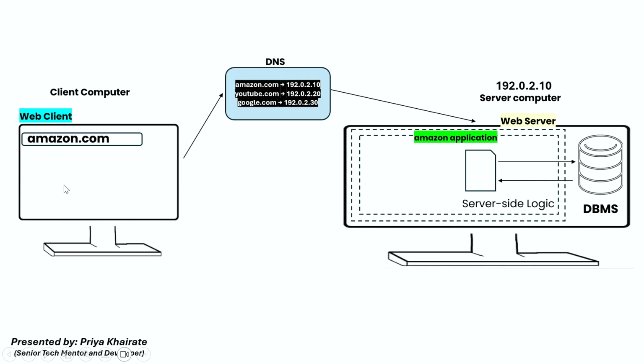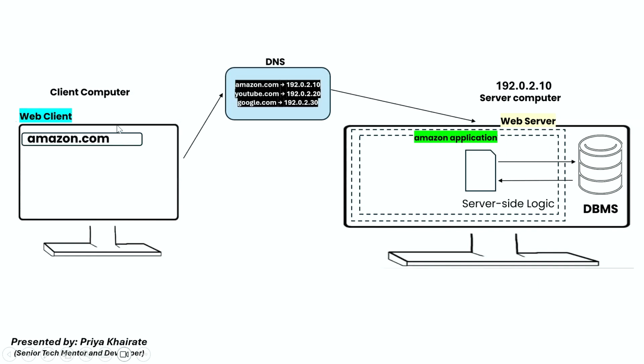Required in the sense, when we search for Amazon.com, on the homepage we get some default product information, right? Based on our watch history, search history, and the items present in our cart. By default, we get some product information, so only that much data it will fetch from the database.